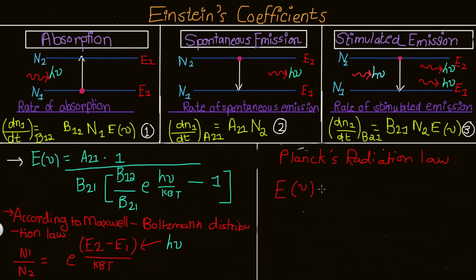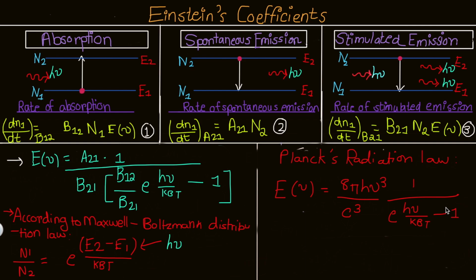E nu equals 8 pi Planck's constant nu to the power of 3, c, that's speed of light, divided by e to the power of h nu over k b T, take away 1.